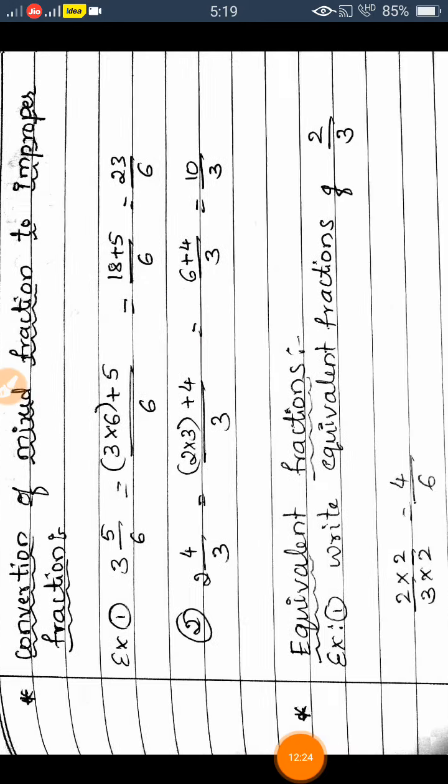Now go for the equivalent fractions, how we can write them. I have written the question itself, to show how questions may arise from equivalent fractions. Write equivalent fractions of 2 by 3. If they say 4 equivalent fractions, you multiply 4 times. If they ask 3, you choose that many times. Here I have taken 3 times.